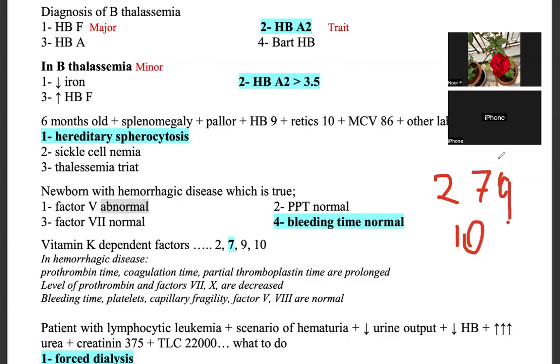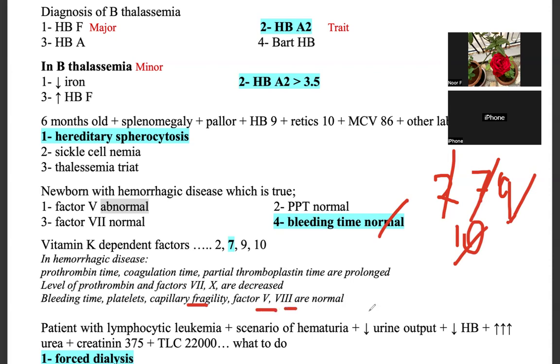So obviously 7 will be abnormal. Prothrombin will be abnormal. 9 and 10 also will be abnormal in case it is given. But what is normal? Bleeding time will be normal. Capillary fragility will be normal. Factor 5 and 8 will be normal.